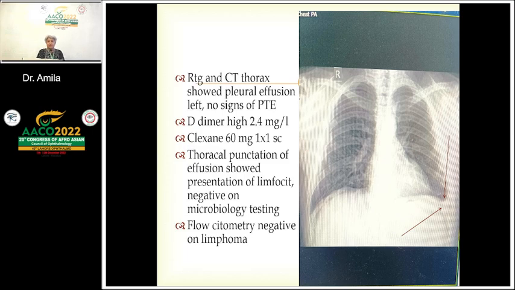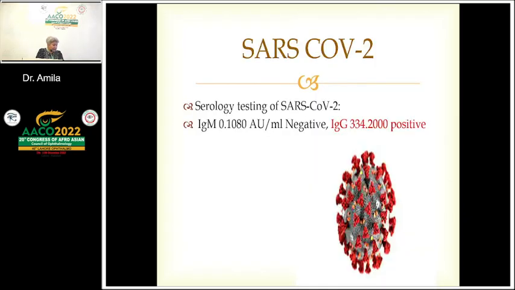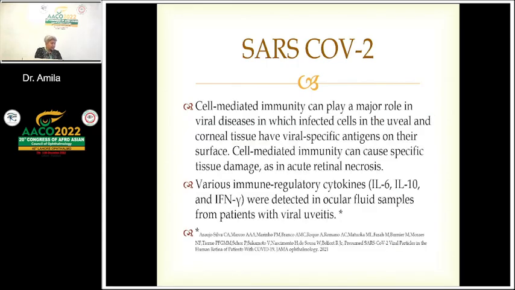We asked the pulmonology doctors, but they said it's nothing, don't worry about it, it is a very small pleural exudate. But our patient couldn't see with the right eye. And when we performed the serology test for SARS-CoV-2, it was negative, but EBV was very highly positive.